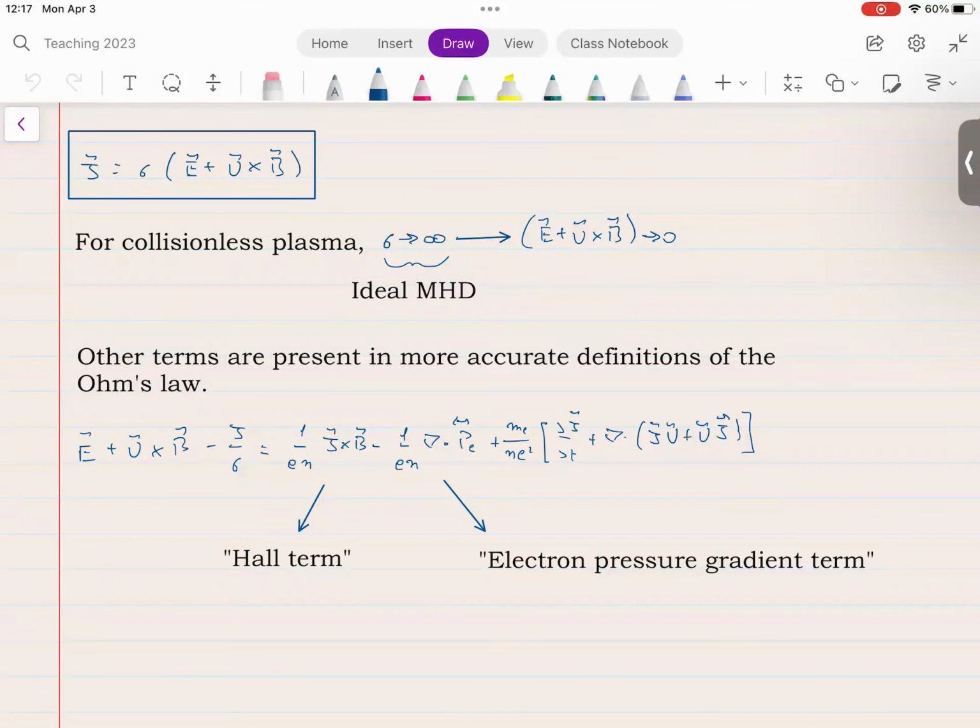If my Ohm's law needs to include this term because it's comparable with the other terms on the left-hand side or not small enough compared to them, well, then a single fluid model is not sufficient for describing my plasma. And this is really all I wanted to point out about this part.